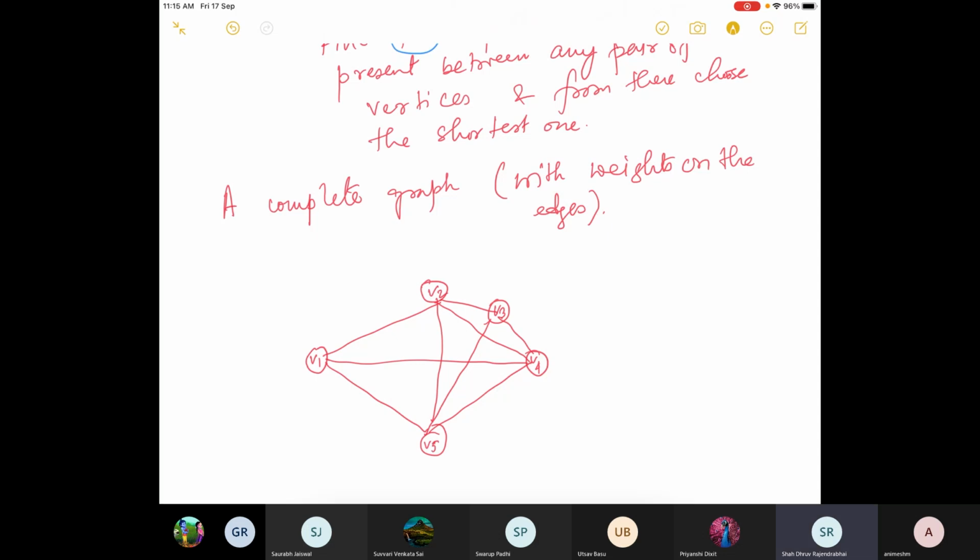Sir, edge between V1 and V3. Yes, I have not finished. Is there anything else left in this graph? Sir, are we considering directed graphs or undirected graphs? For the time being, let's say undirected but weighted. Directed also works. Okay.